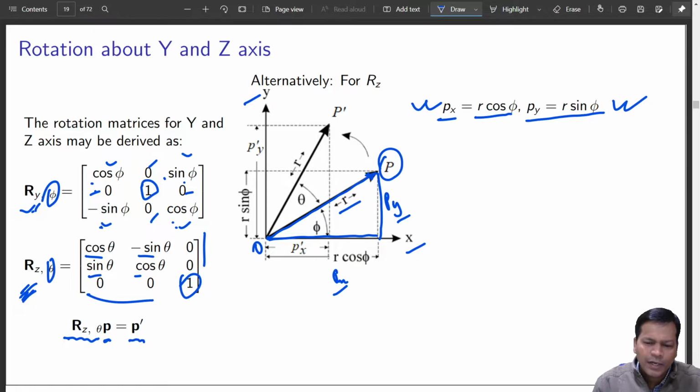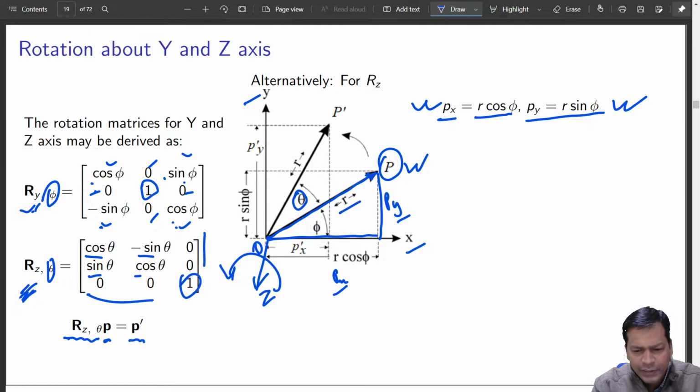Now I have rotated this point about the z-axis, which is perpendicular to this plane, perpendicular to the xy plane. I have rotated about this by angle theta. Initially it was over here, now I have rotated by an angle theta and it has gone to a new location p dash.